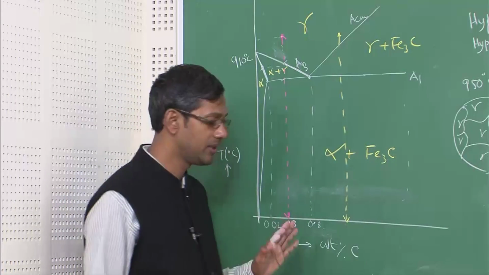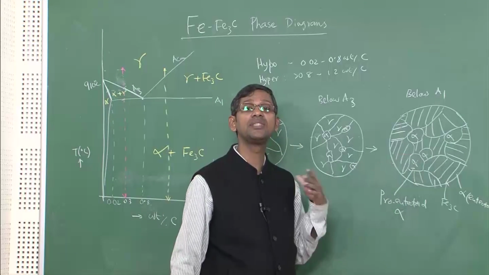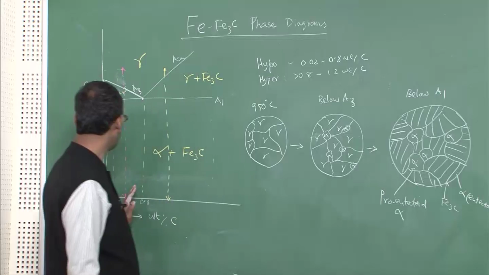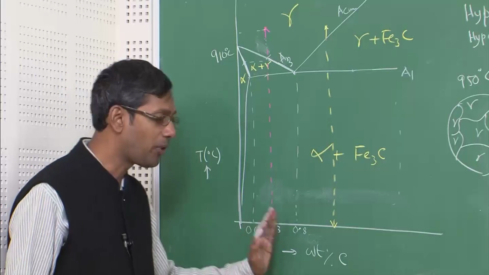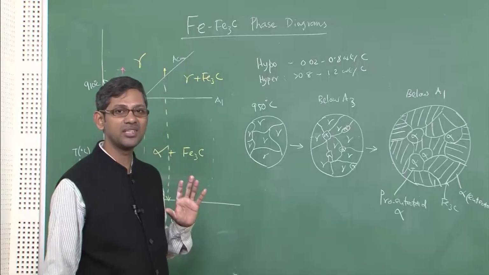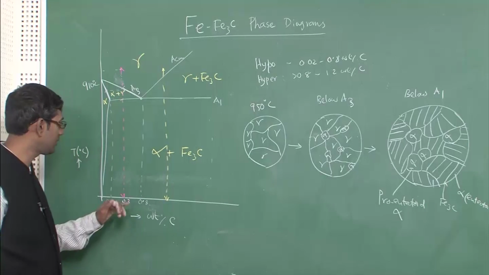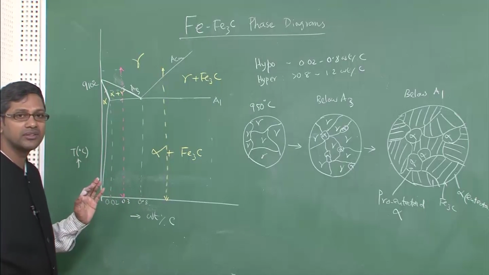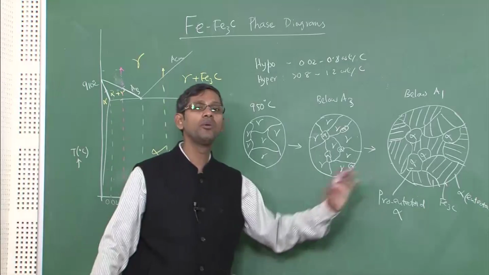What is going to change is the volume fraction of this pro-eutectoid alpha. For alloys with very low carbon concentration like 0.1, 0.05, 0.2, 0.3, the volume fraction of alpha will be quite substantially large, but for alloys with higher carbon concentration, meaning 0.7, 0.6, 0.65, 0.75 weight percent, the pearlite will be more.